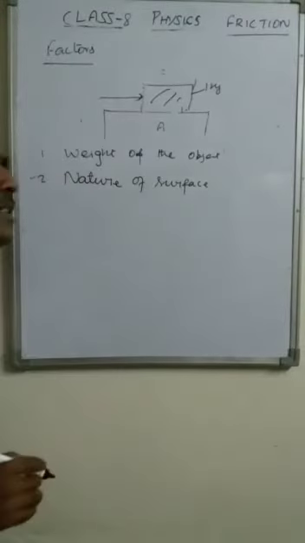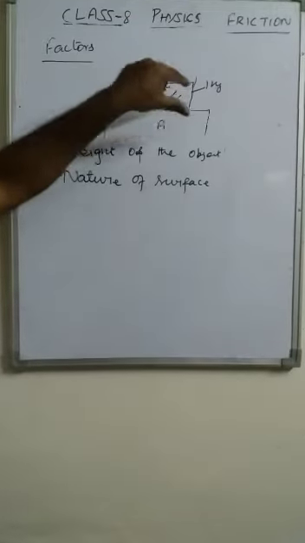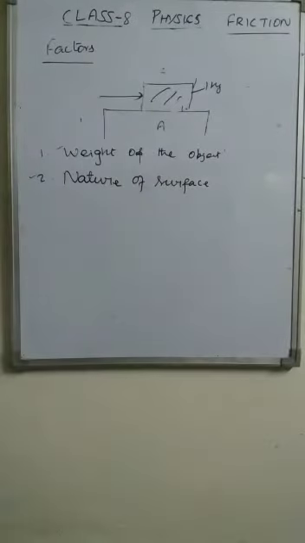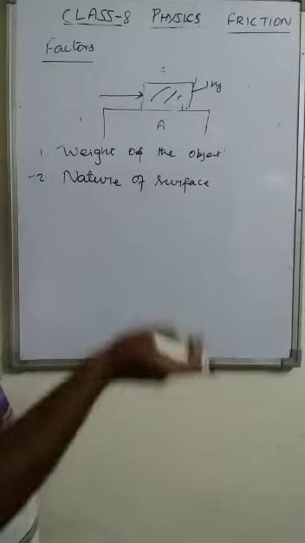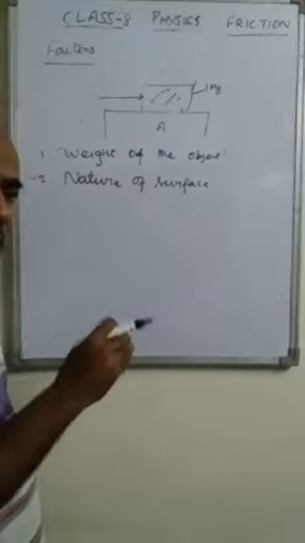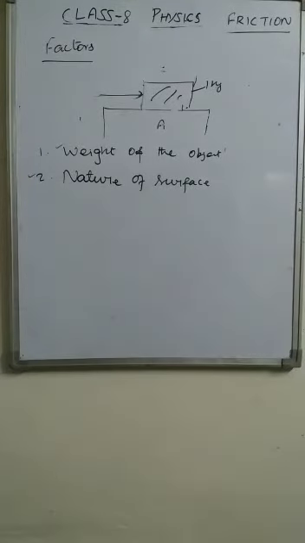So friction depends on the nature of the surface. These are the main factors on which friction between two surfaces depends. Weight increases, friction increases. When we replace the surface with a rougher surface, friction also increases.